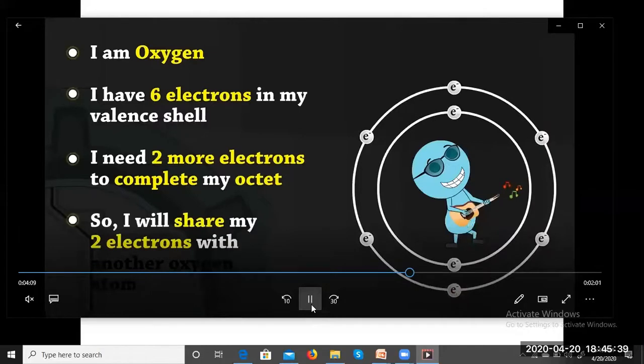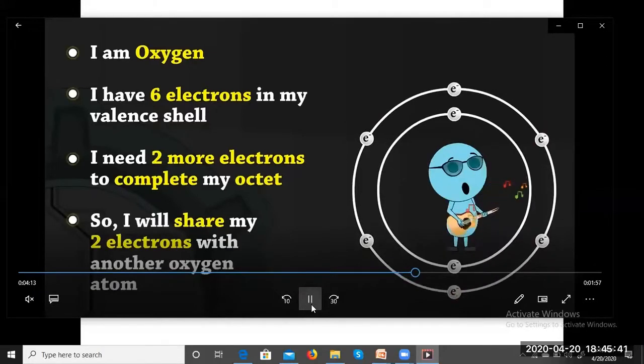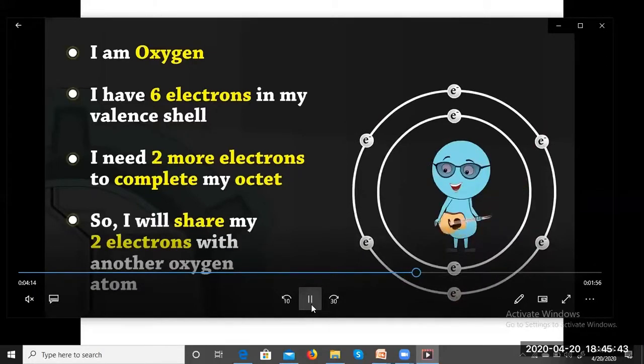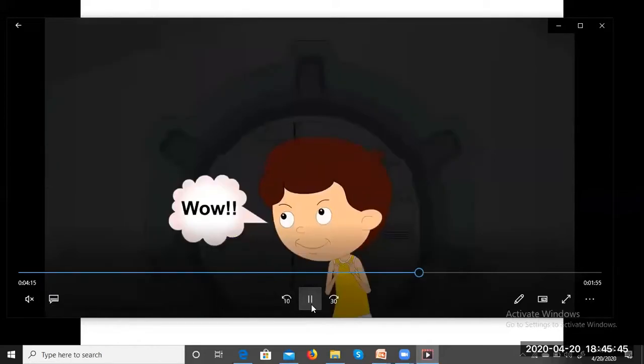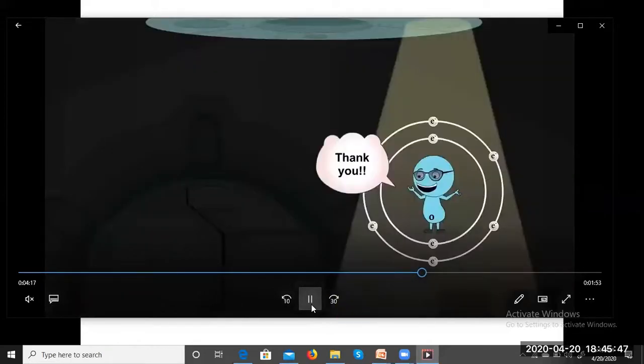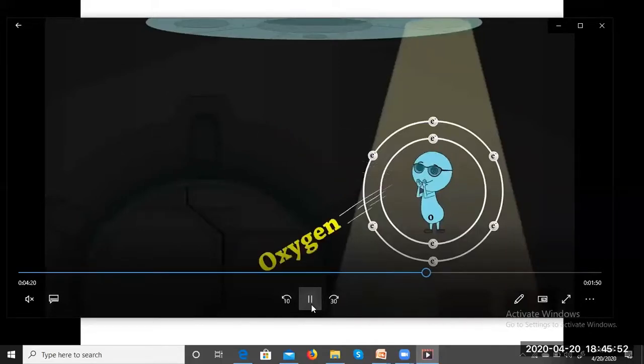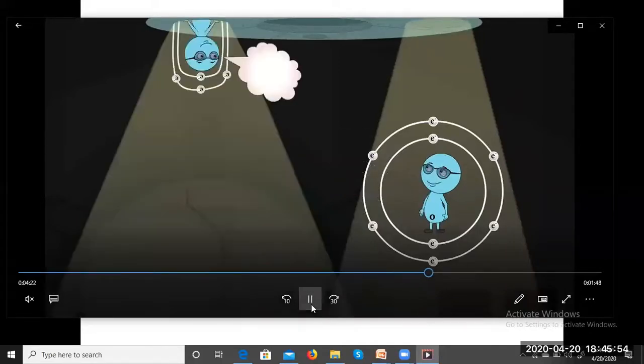Let's see. What is happening? So oxygen was suggested to call out another oxygen atom and make a bond with. So here comes another oxygen atom.